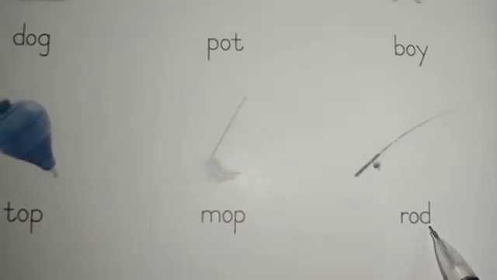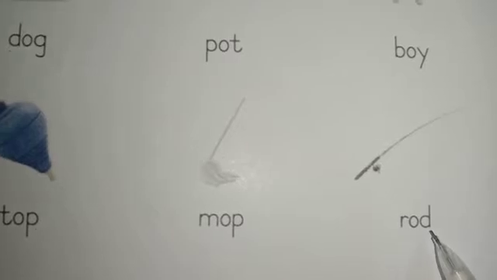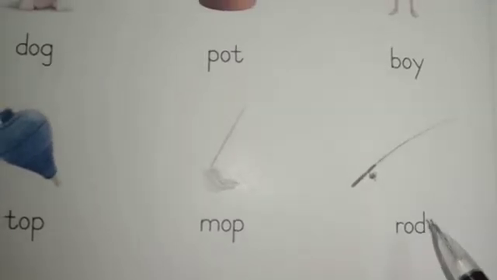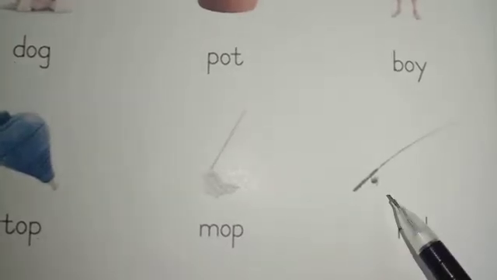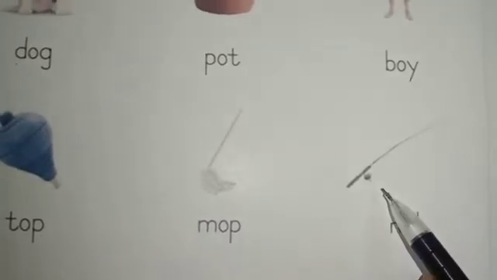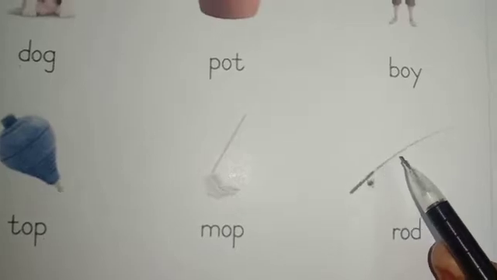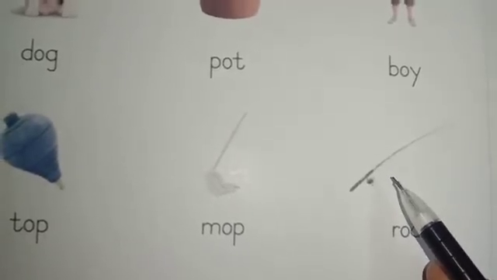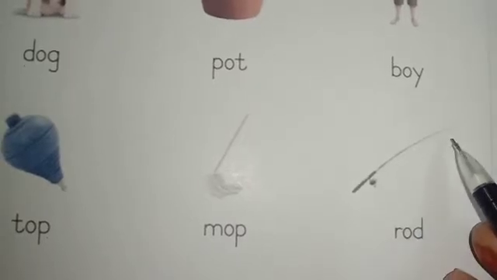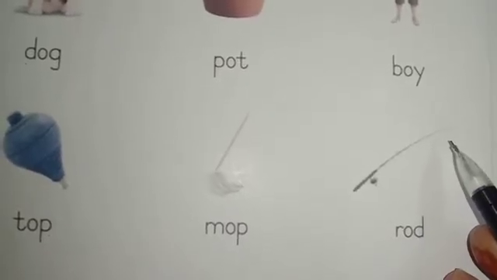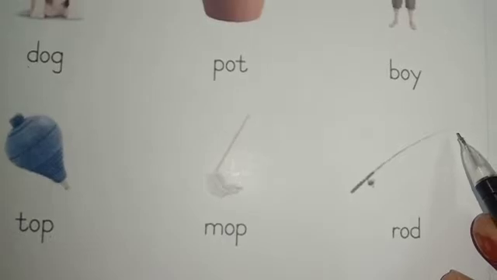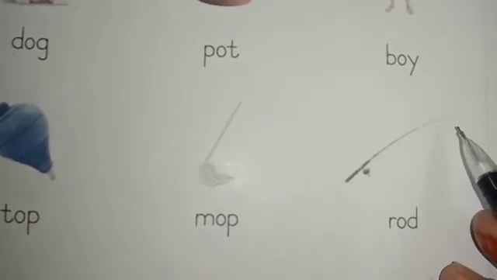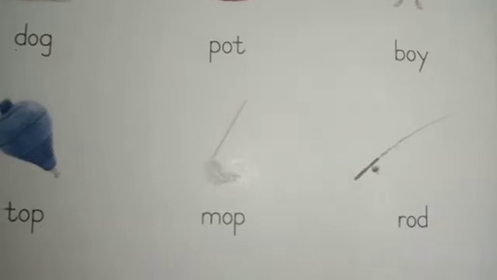R-O-D, rod. Kids, this is a fishing rod and it is a long pole made of wood, plastic, etc. with a line attached to it and a hook at the end of the line, which is used for catching fishes.